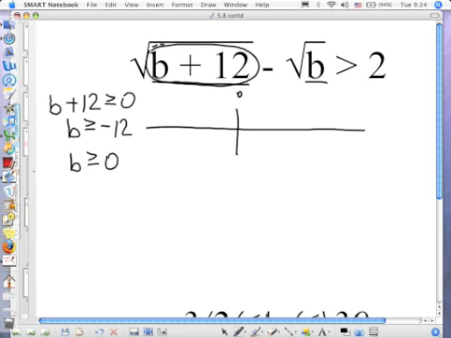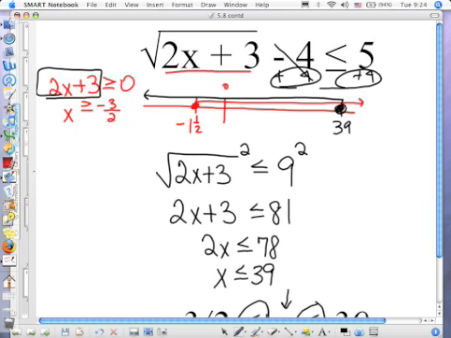Because notice, when I found the solution set, if I just worked the problem, then I would say, okay, all numbers less than 39 solve this inequality. But negative 2 doesn't solve the inequality because negative 2 makes this not a real number. That's why I have to do that. Okay? Wait, I'm going the wrong way.